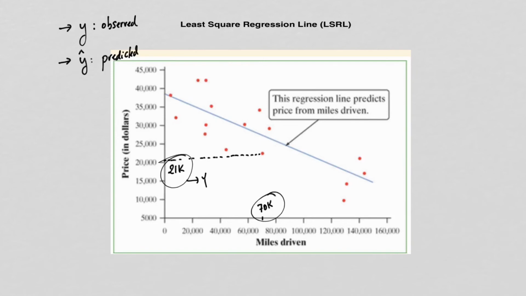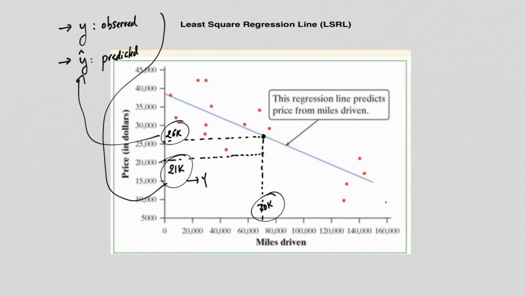This is observed. But according to the line, which I haven't explained to you where it came from, the value is maybe 26K. That is predicted, and this one is observed. See the difference? Clearly, there is a difference, right?